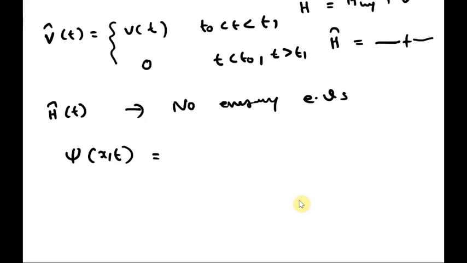However, whenever the Hamiltonian has a time dependence, this kind of factorization is not possible, and so we really don't have any energy eigenvalues. So that is one important difference in comparison with the time independent case.